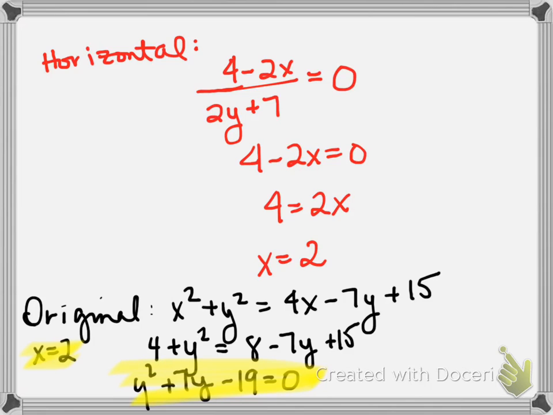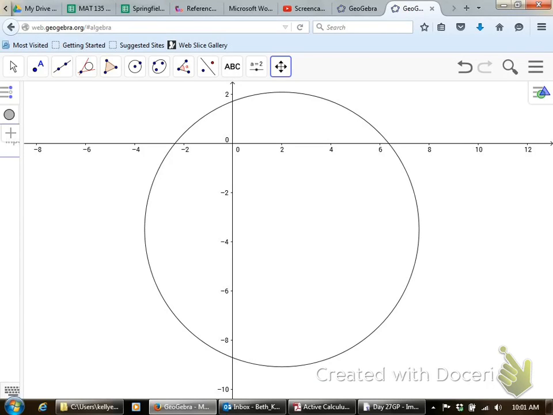So let's see what that looks like on the actual graph. So here's our graph of x squared plus y squared equals 4x minus 7y plus 15. It might have surprised you that this is the graph of a circle.